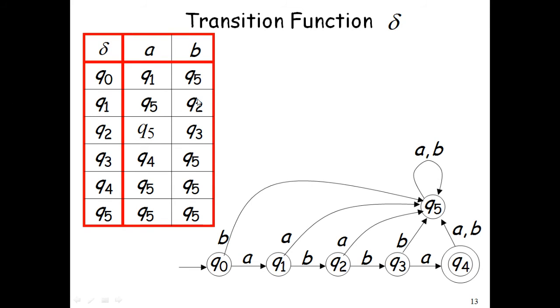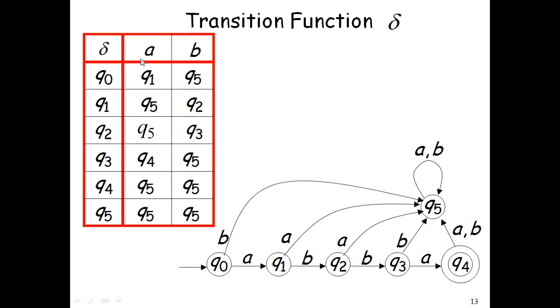If we look at this transition table, the first column is where you write all the states of the DFA: Q0, Q1, Q2, Q3, Q4 and Q5. The other columns represent the input alphabet. The number of columns can increase depending on the number of input symbols. Here the input symbols are only two, A and B, so two columns are there.